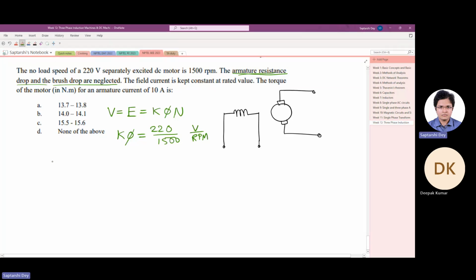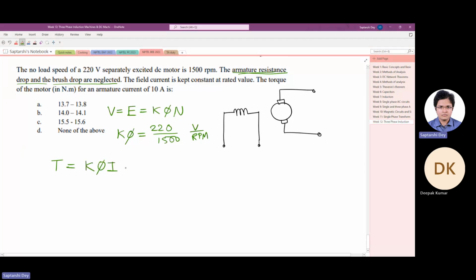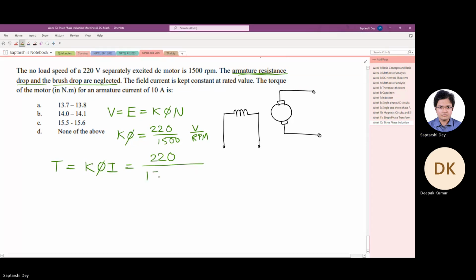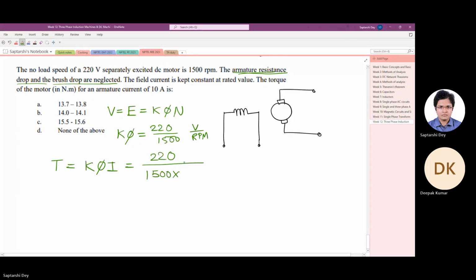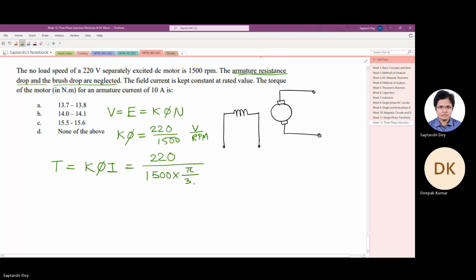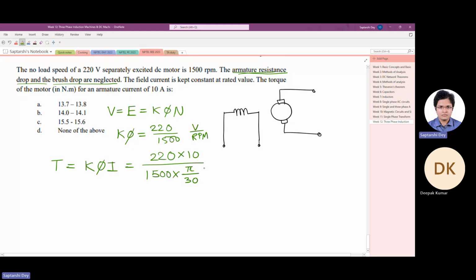The torque of the motor for an armature current of 10 amperes. So torque is K phi I. So you see, we have to convert this to SI. 220 by 1500 into pi by 30 into current, which is 10 ampere.